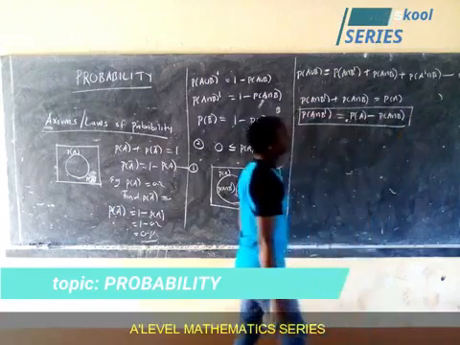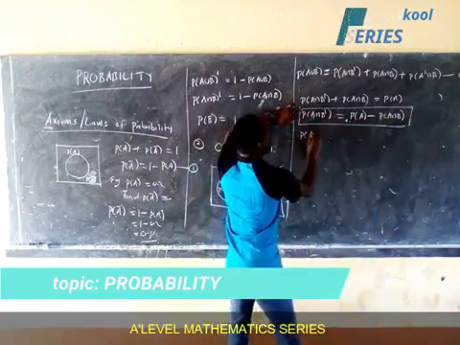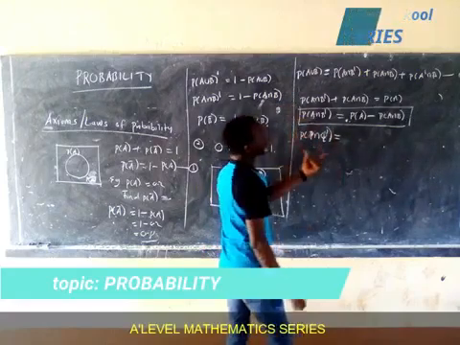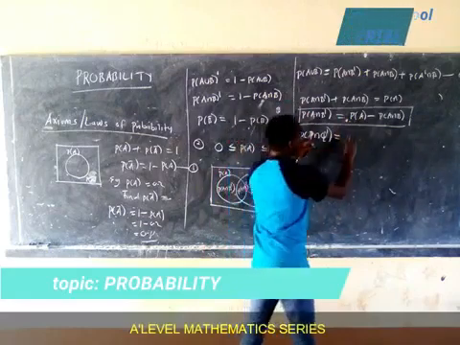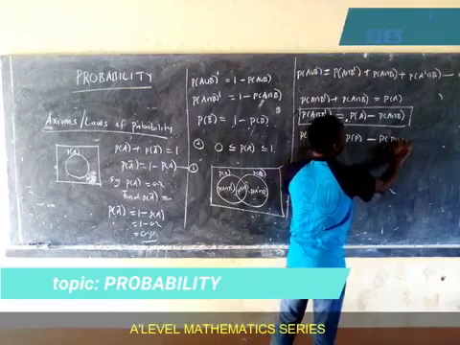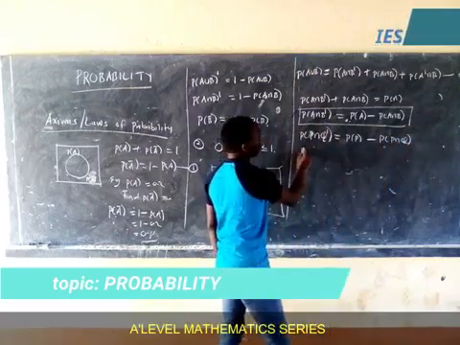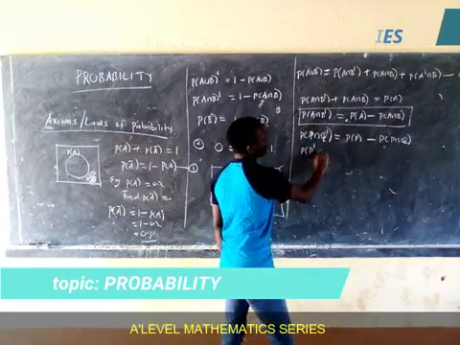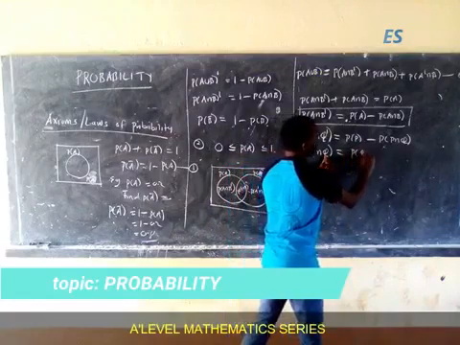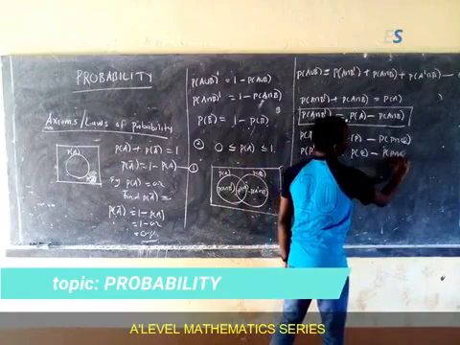If I use two symbols P and Q, the probability of P intersection Q complement uses the same rule. This becomes the probability of P minus the probability of P intersection Q. Likewise, if I change them and I say find the probability of P complement intersection Q, this now becomes the probability of Q minus the probability of P intersection Q.